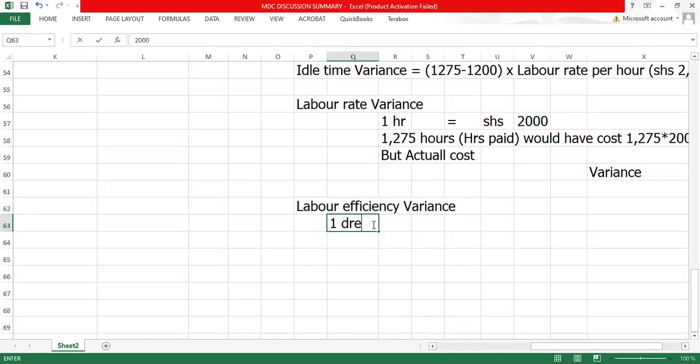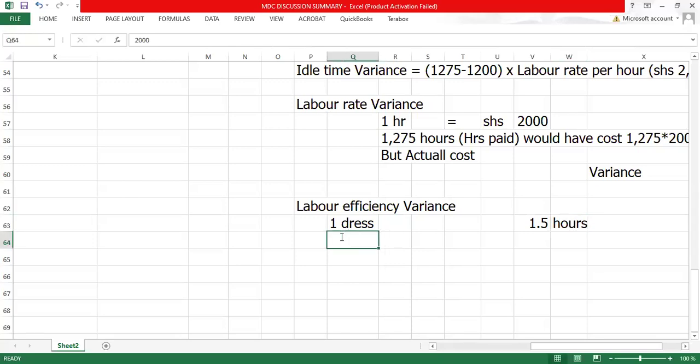One dress requires how many hours? For you to make one dress, these workers should use 1.5 hours. I hope you saw where this is coming from. So how many dresses were made?